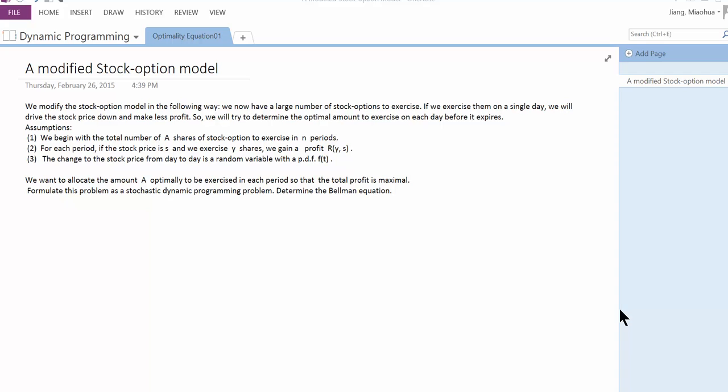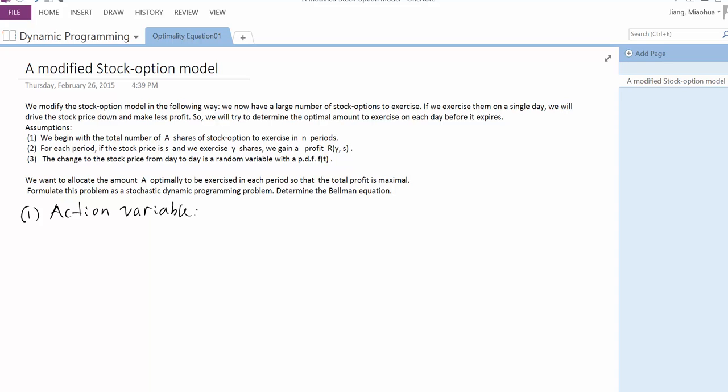So in doing this, we can actually identify the action variable. If you look at this problem over here, we are first trying to see what kind of different decisions we can make, and that's the action variable. That's usually a good start.